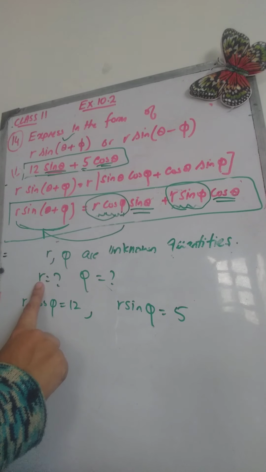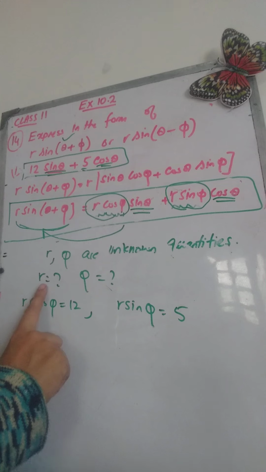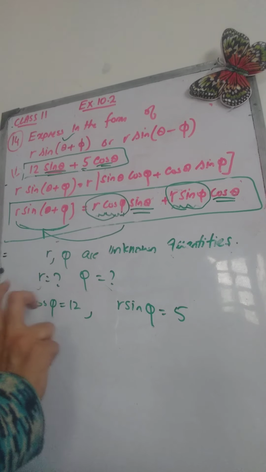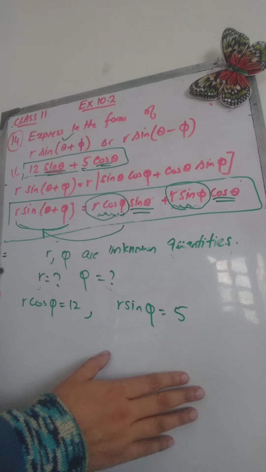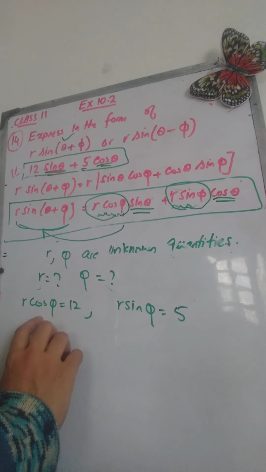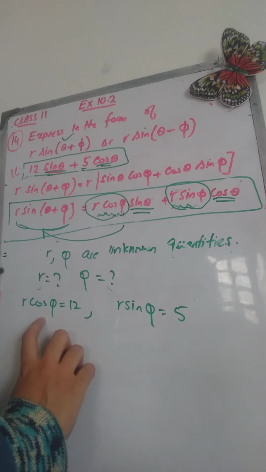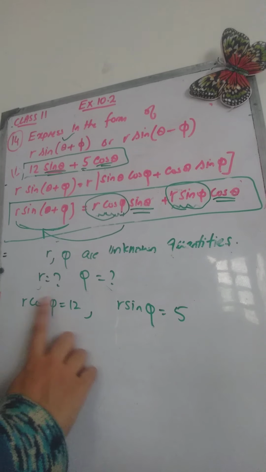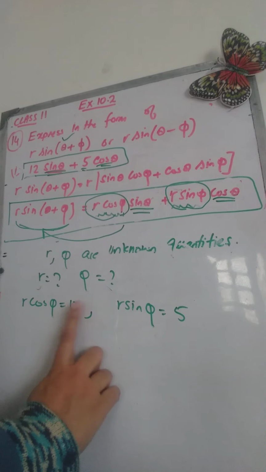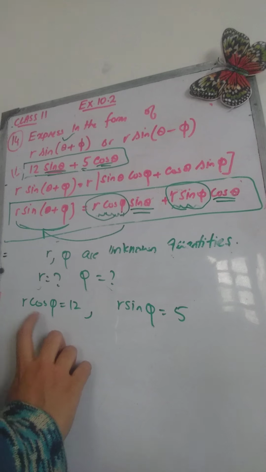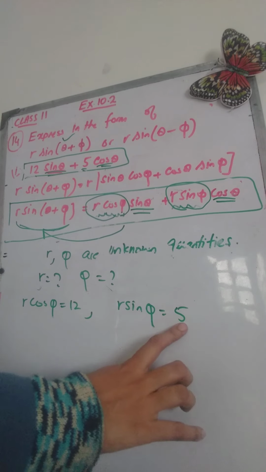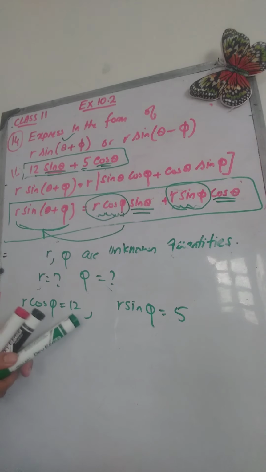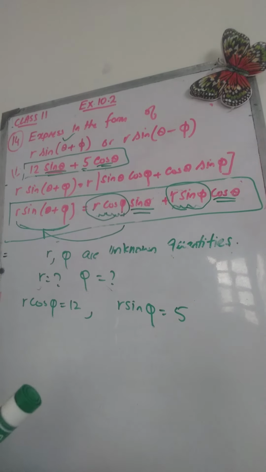Basically what we need to do is solve these two equations. We are going to find the value of r and phi from these two equations, which will make this expression equal to 12 and this expression equal to 5.